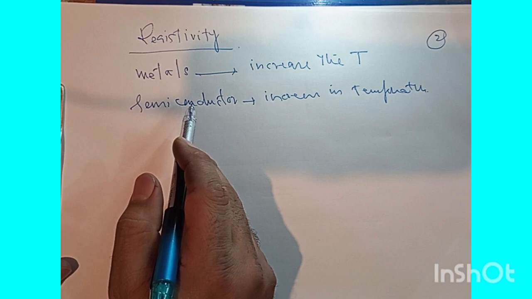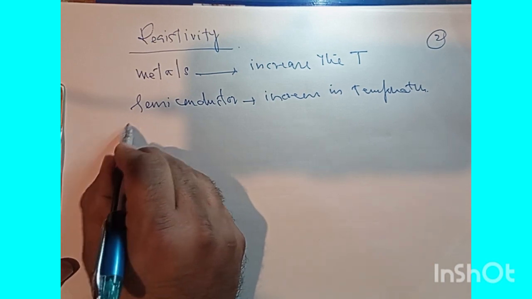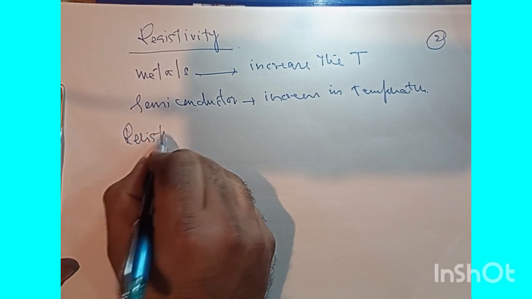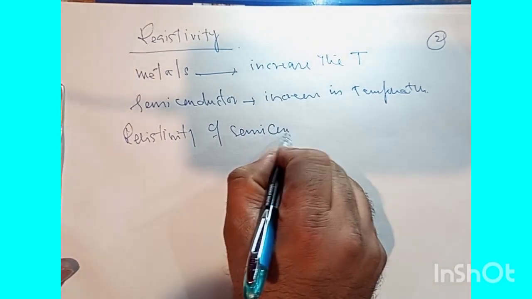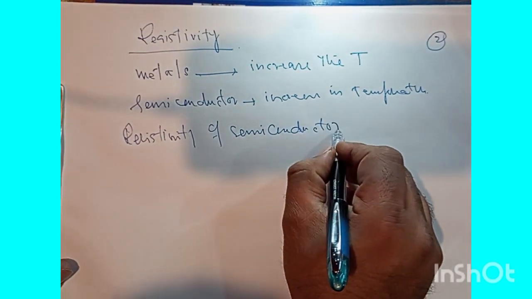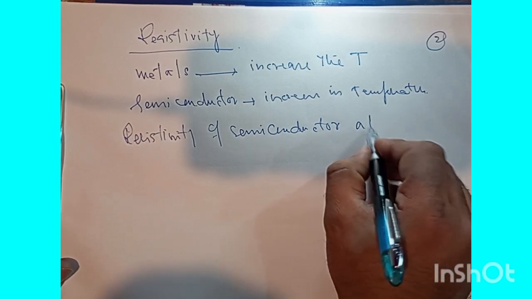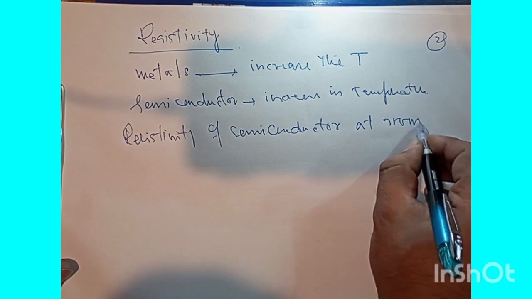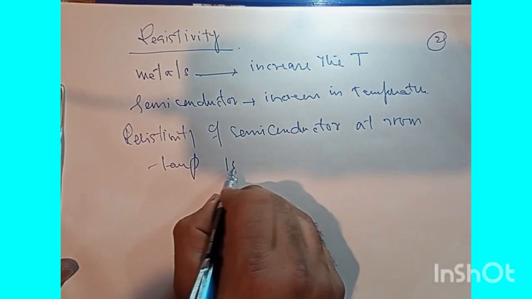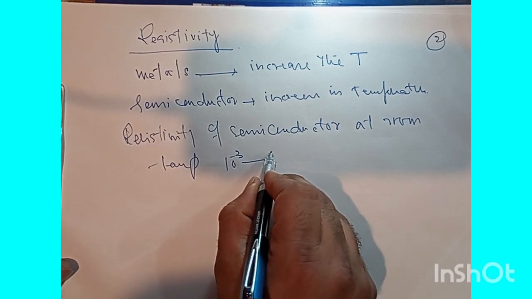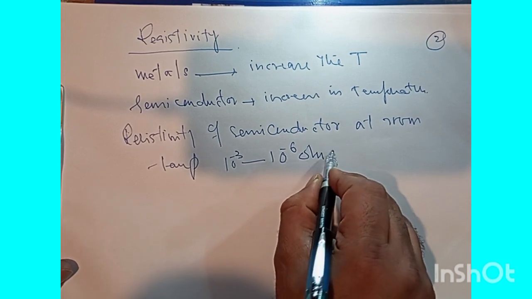In general, the resistivity of a semiconductor at room temperature ranges between 10 to the power of minus 3 and 10 to the power of minus 6 ohm centimeter.